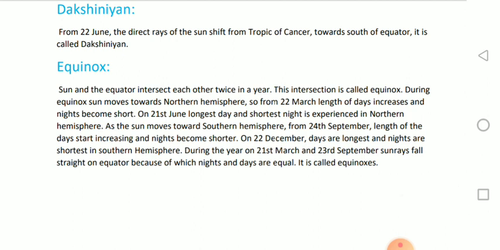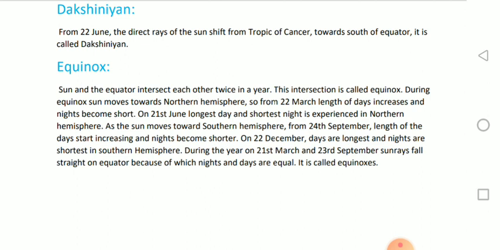Now, equinox. Sun and the equator intersect each other twice a year. The intersection is called equinox. During the equinox, sun moves toward northern hemisphere. So from 22 March, length of days increases and nights become short. On 21st June, longest day and shortest night is experienced in northern hemisphere.